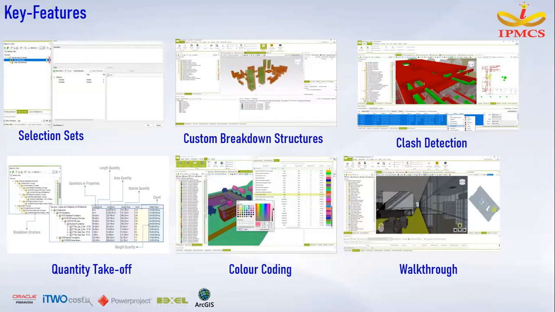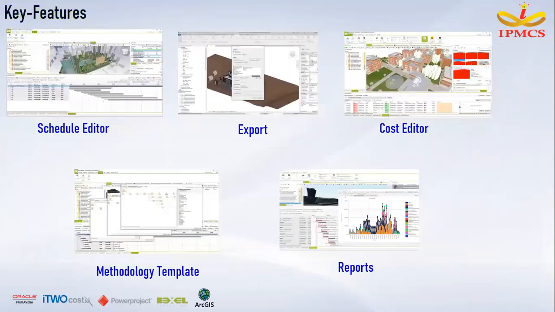As we discussed, in the 3D portion we can create custom hierarchical structures using the selection sets and custom breakdown structures options. Once we are done with these options, we can find clash detections or do a design walkthrough, and clash detection can be done here. Then we can go for quantity takeoff and color coding of the model. Once we have completed quantity takeoff, we can move to the schedule editor.